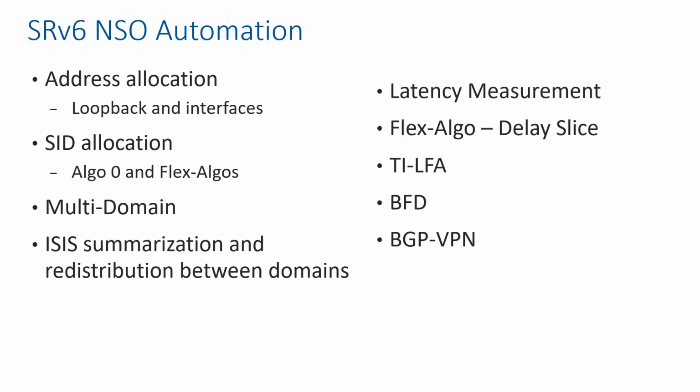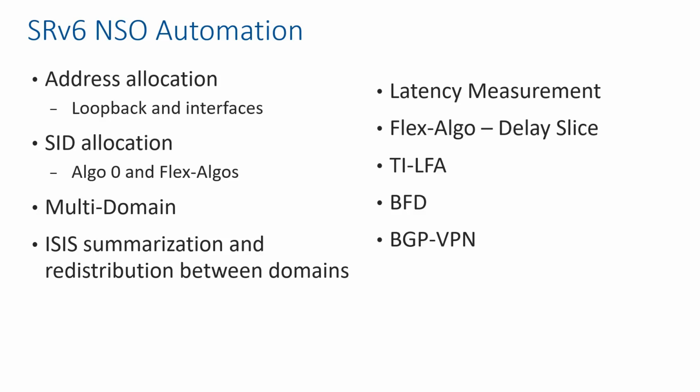It does it in intra-domain or multi-domain. It does the ISIS summarization and redistribution between domains. It automates the configuration of latency measurement. It deals with the additional configuration of the flex algo for the delay slice. It enables TI-LFA. It enables BFD for liveness of the links, and then it enables the BGP VPN-based services.